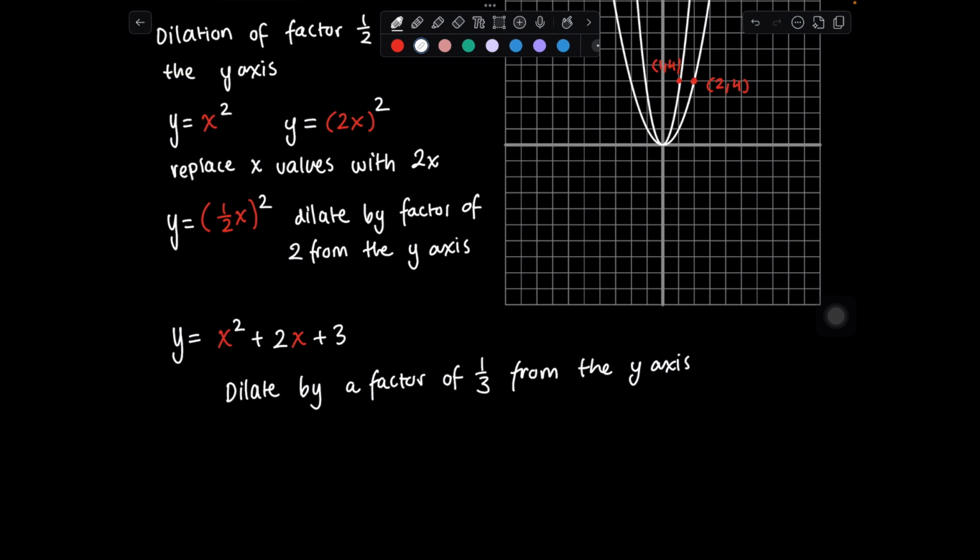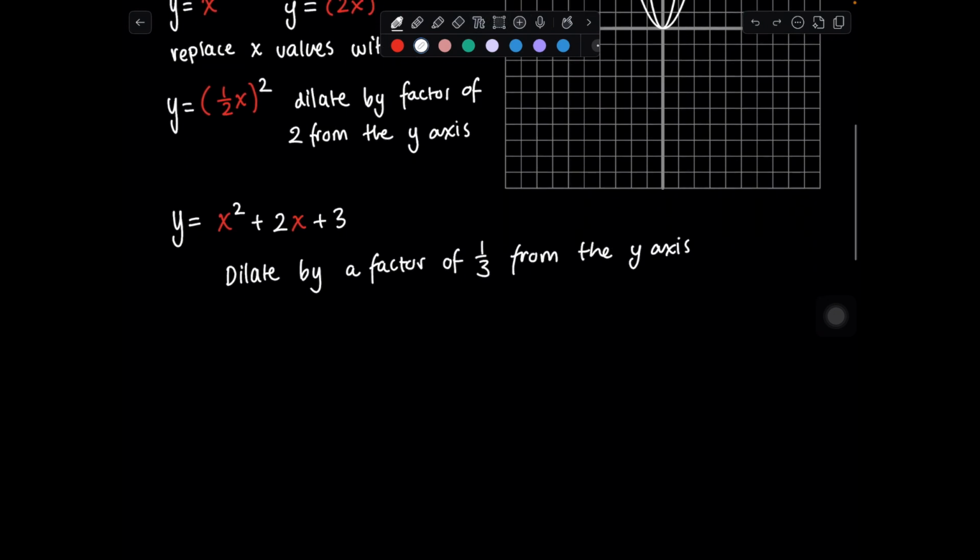So what that is physically doing to the graph is compressing it. So it is compressing it horizontally. It's not stretching it out, it's compressing it. But what you write down is this: y equals, with 3x wherever you see an x. Okay, that's all you do. I hope that makes sense.